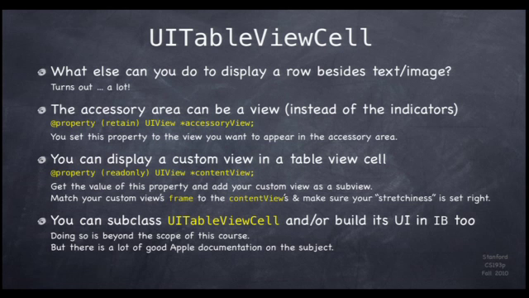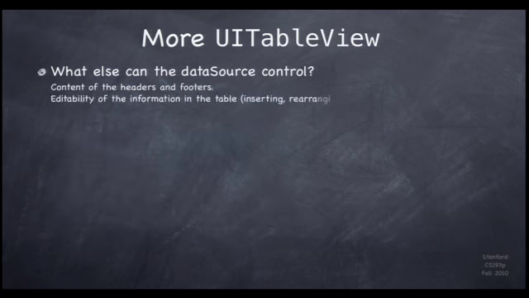And you can also subclass UI table view cell. It's a UI view, and there's actually support in Interface Builder even for doing this. So it's not uncommon. Table view cells can be expanded to be pretty complicated beasts. And I'm not going to cover all the stuff you can do, but I just want you to know it's out there that you can really make very sophisticated and complicated table view cells.